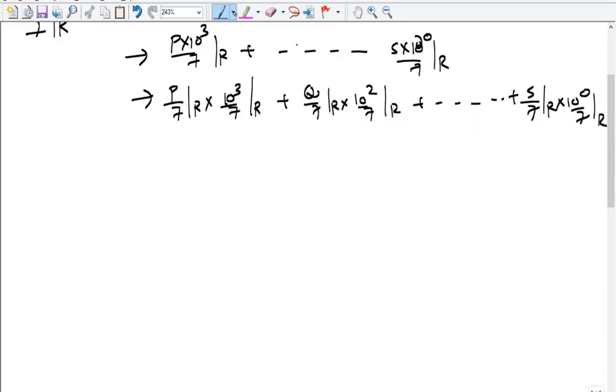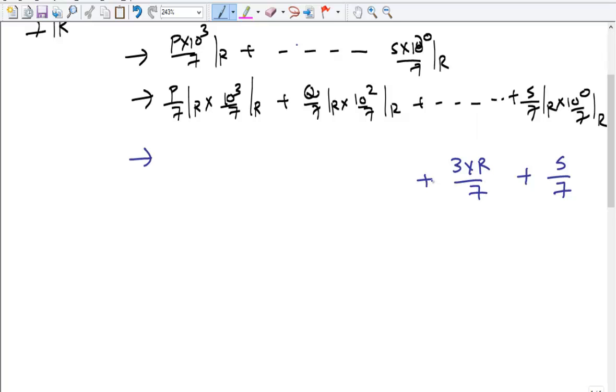Now here, the remainder that starts from the unit term, 10 power 0 by 7, that is 1 by 7, remainder is 1. S by 7 remainder depends on S, so S into 1 is S, this is going to be S by 7, plus the next one, which is R into 10 power 1 by 7. 10 power 1 by 7 remainder is 3, R by 7 remainder depends on R, so that is going to be 3 times R by 7.